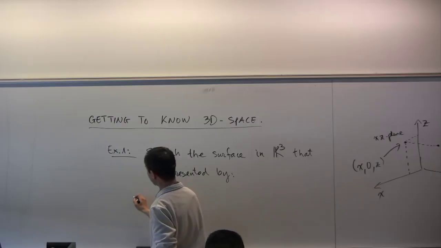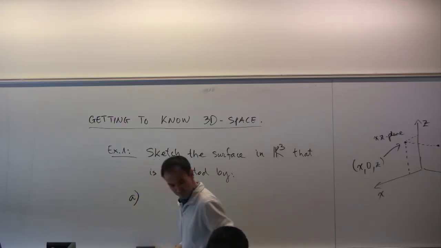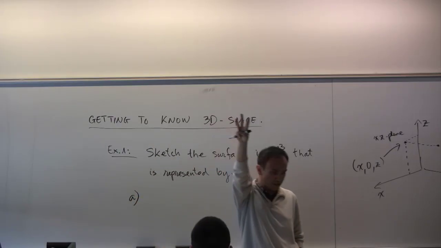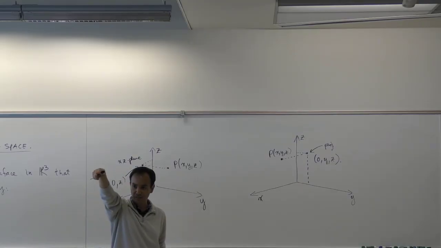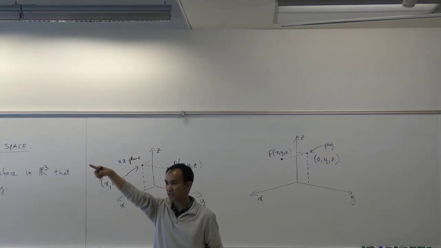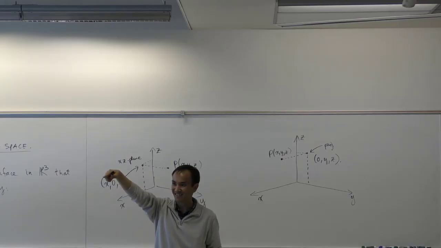The first surface I want to sketch in R3: we've got three variables, the X, Y, and Z. Why don't you guys pick only one among the three letters, X, Y, or Z? Just pick one.